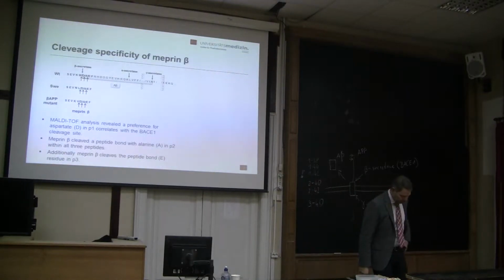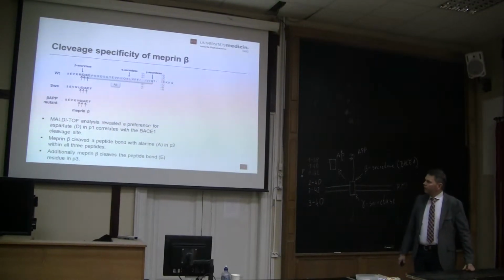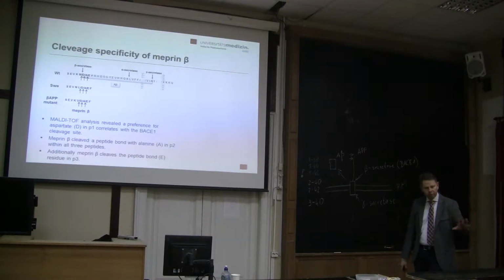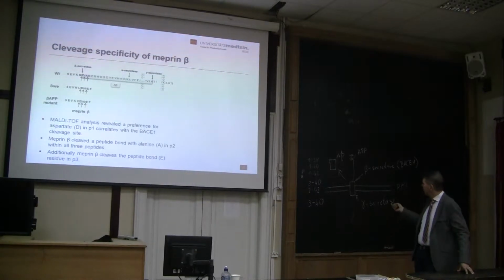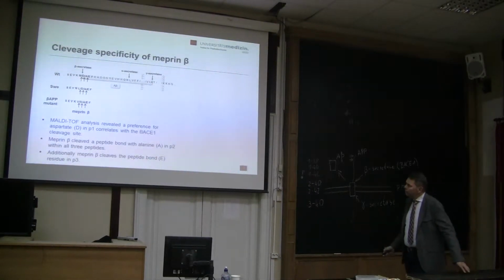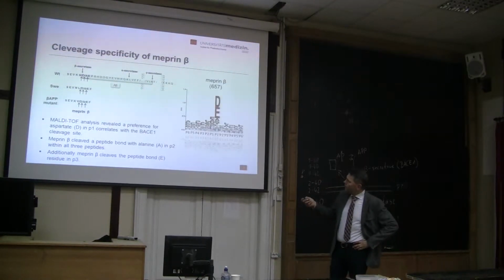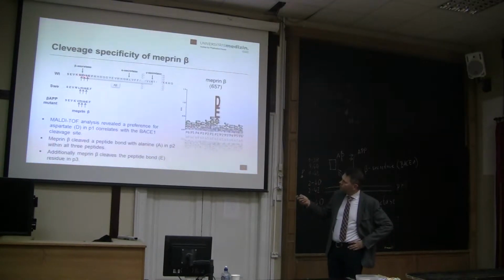Anyway, then we went back to the basic database and said, okay, meprin can cleave APP at the very end terminus, but meprin should be able to cleave APP at different positions close to the Aβ sequence.